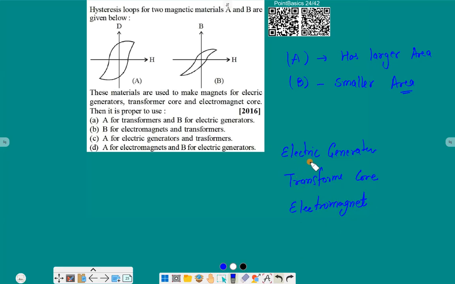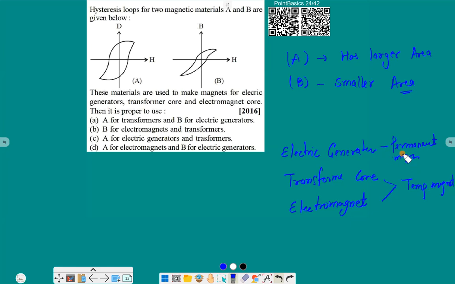Now in the case of electric generators, we need permanent magnets. And in the case of transformer cores and electromagnets, we need temporary magnets.